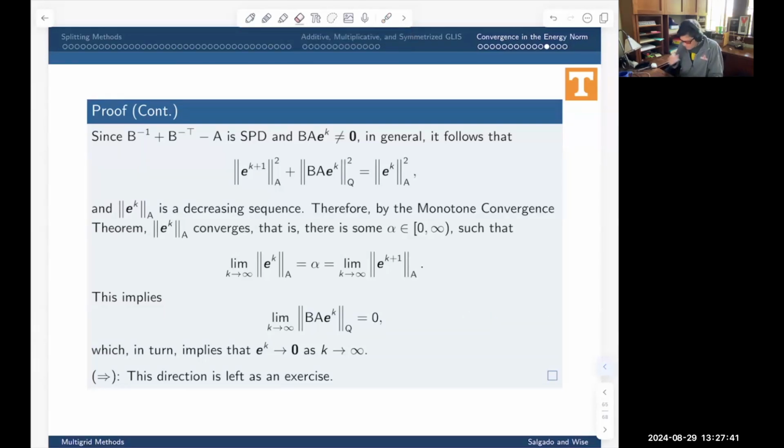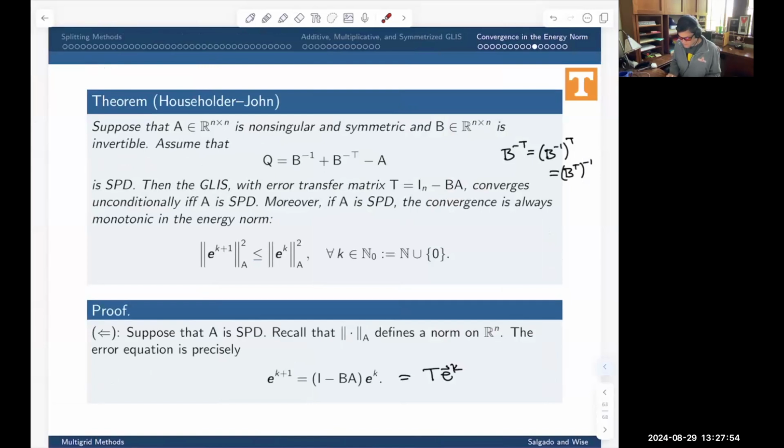All right, so that says that the limit of e_k has to be 0, and that's exactly what we wanted to show. That's unconditional convergence. So if we go back to our assumptions: if we assume that Q is SPD and A is SPD, then the general linear iterative scheme converges unconditionally. The other direction is much harder, or at least a bit harder.